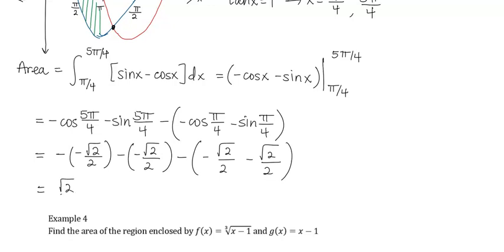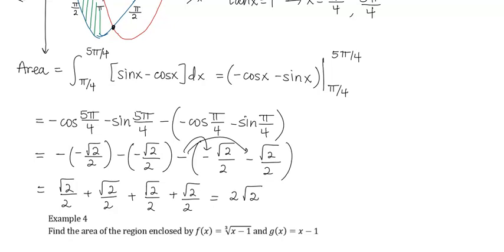So we have positive root 2 over 2 plus root 2 over 2. I'm distributing this negative. We are adding another root 2 over 2, and we are adding another root 2 over 2, which leaves us with 2 root 2 as our final answer.